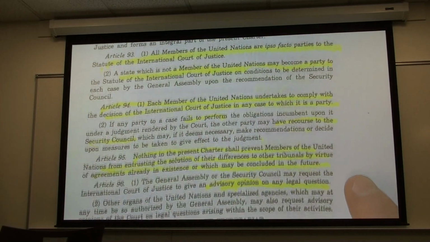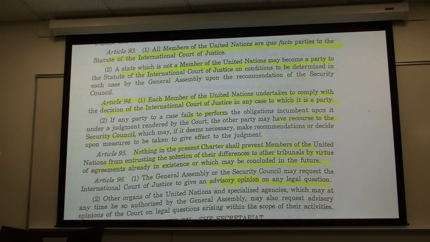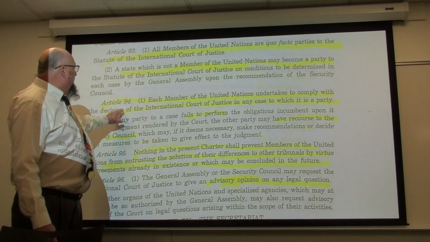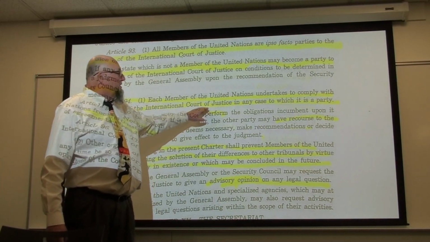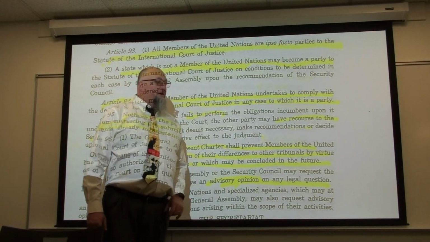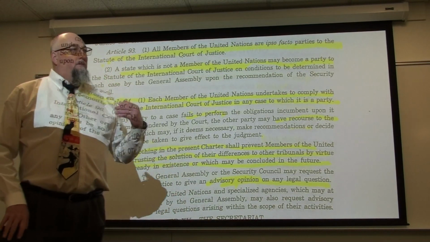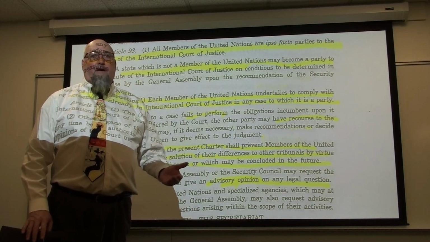All right, Article 94. Each member of the United Nations undertakes to comply with the decision of the International Court of Justice in any case in which it is a party. Repeating myself, but again, part of the rights and obligations of being a member.